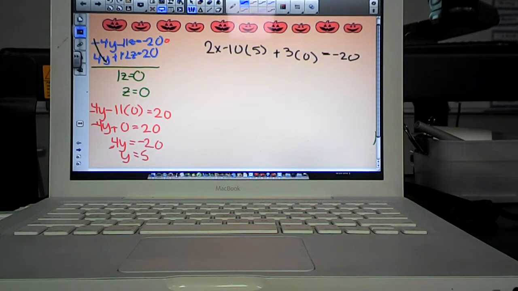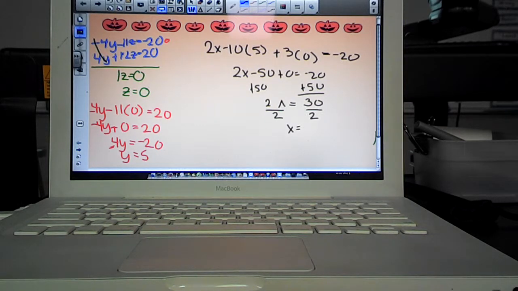Continuing from there, you get 2x minus 50 plus 0 equals negative 20. So then you add 50. So you get 30 equals 2x. You divide by 2. X equals 15.